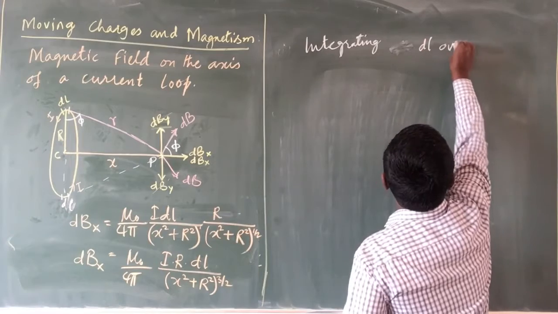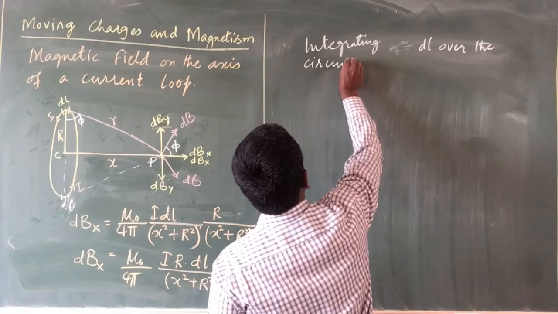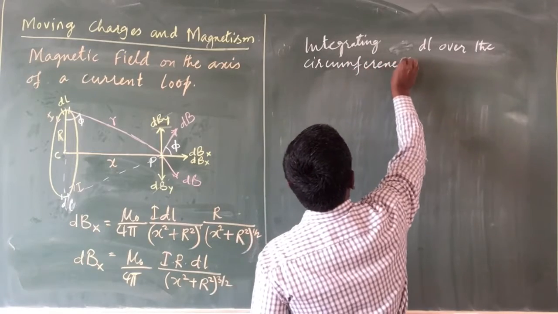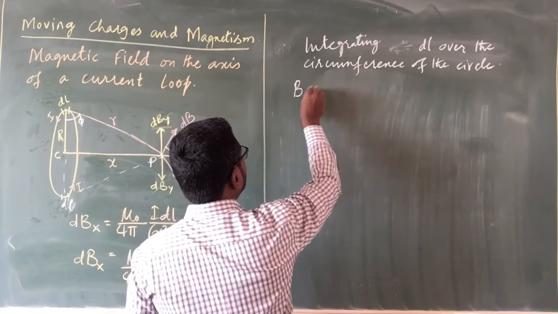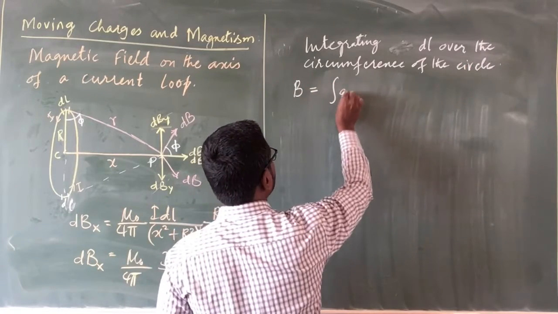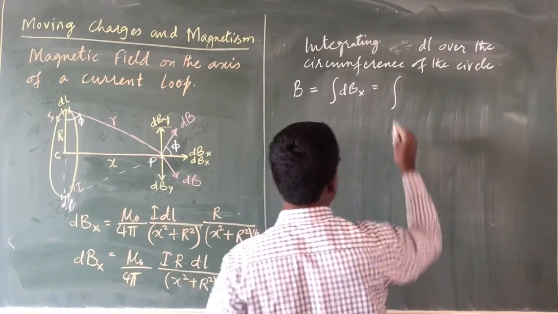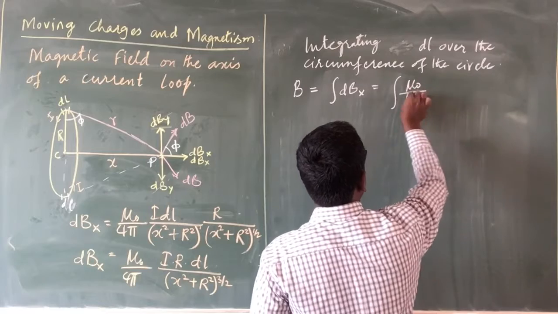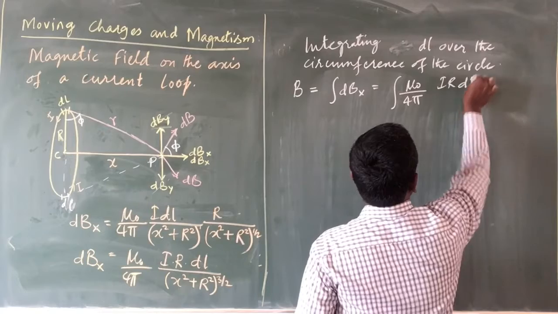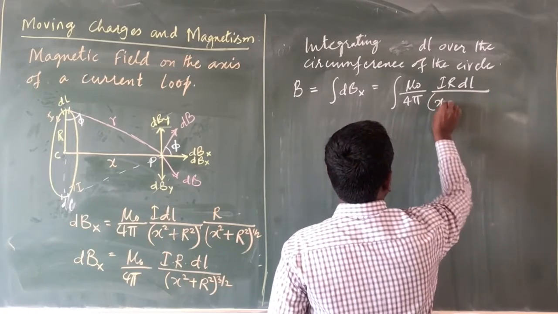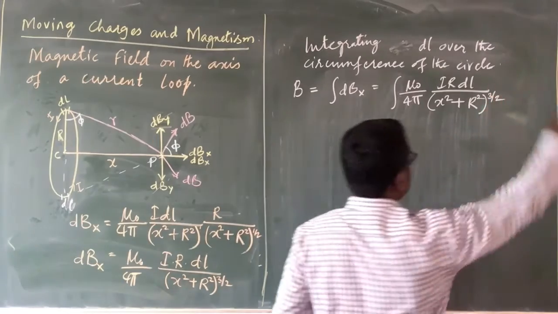Now we are integrating dl over the circumference of the circle. To get the complete magnetic field, that will be the integration of dBx, that is the integration of mu naught by 4 pi, I R dl divided by x square plus R square to the power of 3 by 2.